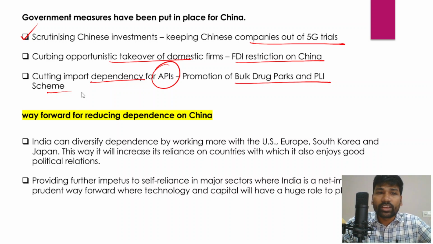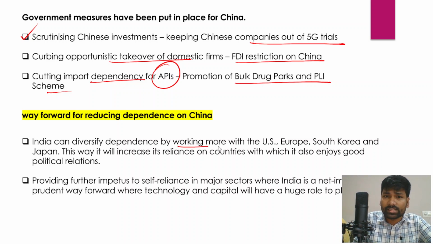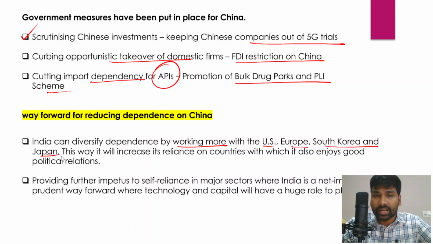So what should be the way forward for reducing dependence on China? The way forward is that India can diversify its dependence by working more with the US, Europe, South Korea, and even Japan. Right? So we need to diversify the existing supply chain networks, and we need to achieve supply chain resilience.